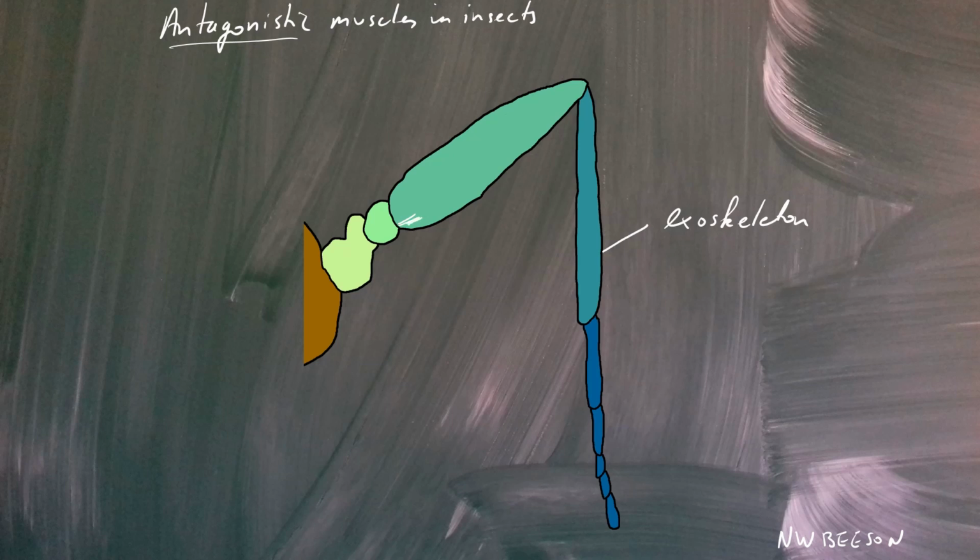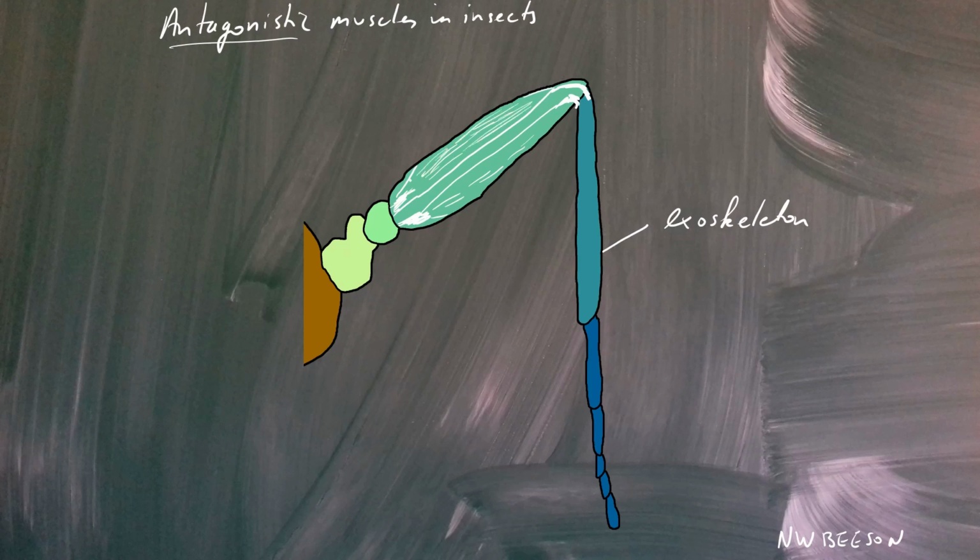I'm going to draw two of them here. Again, this is the tendon. Then you have the muscle here. That's the muscle again, connected on one side here, and the other muscle is connected to the exoskeleton over here. Again you have a tendon, and here is the other muscle.